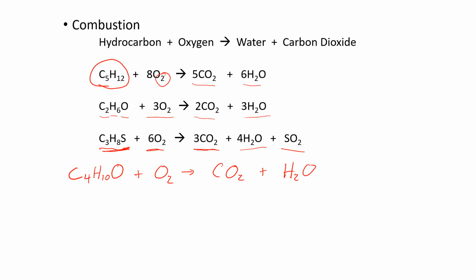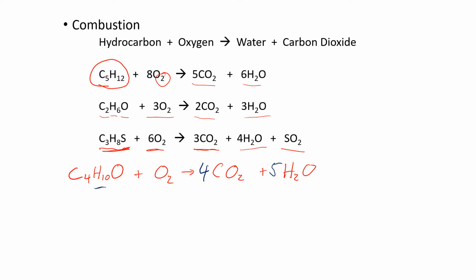So I'm going to start with carbon. I see carbon is 4 on the reactant side, and so I'm going to place a 4 right there on the product side. So now there are 4 carbons on both sides. For hydrogen, I'm going to place a 5 right there because now I have 10 hydrogens, and on this side right here we have 10 hydrogens. So now hydrogen is balanced.